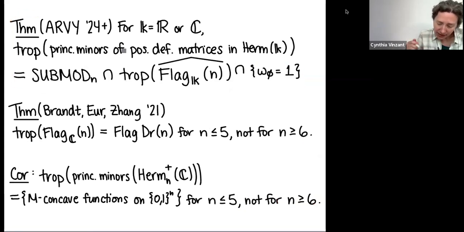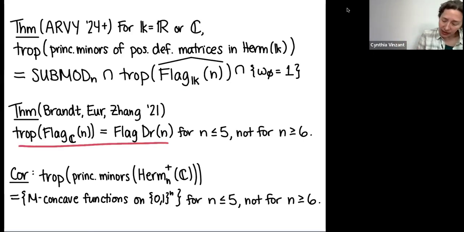One nice thing about this is that the tropical flag variety has been studied before. For example, by Brandt and Zhang in 21, they studied the tropicalization of the flag variety over the complex numbers and compared it to something called the flag Dressian, which I won't define, but which is essentially the set of M-concave functions on the 0, 1 cube.